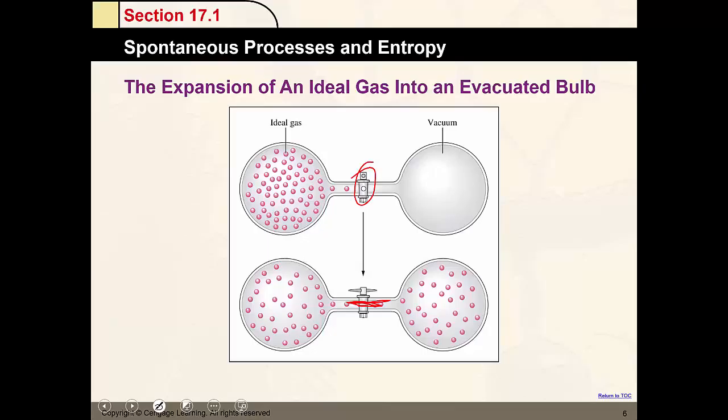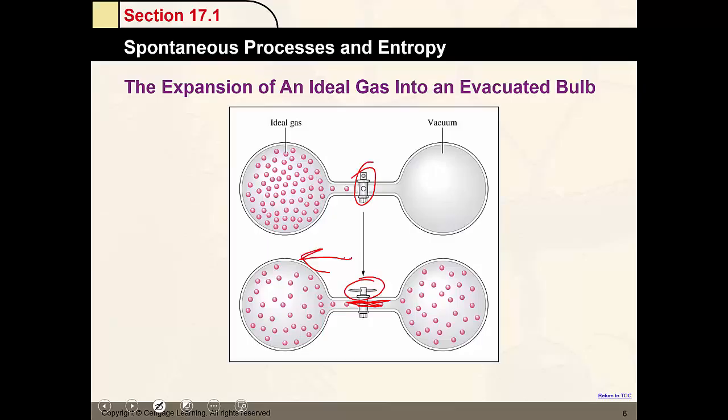So it spontaneously expands to fill its container because it's more likely, there's more ways of having the gas evenly spread throughout the container. It's very unlikely that once you opened up this valve, all of the molecules would spontaneously be in one side of the bulb, for example, the left side.